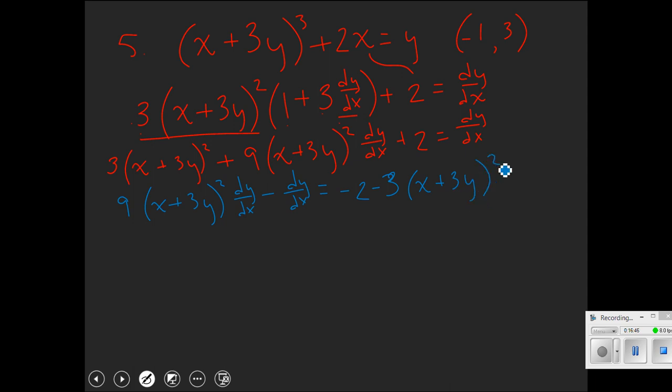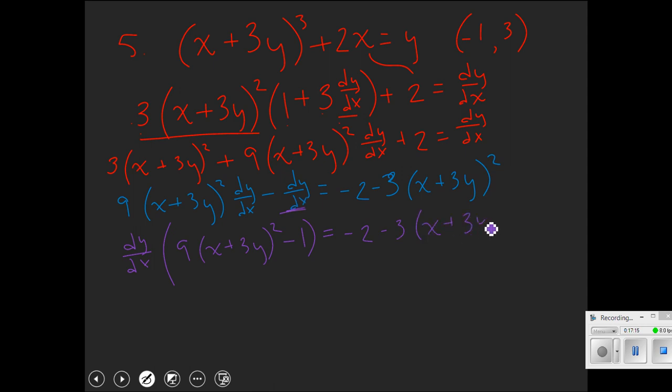Okay, so now we're going to factor out a dy/dx. So dy/dx, and then inside is first going to be this 9 times (x plus 3y) squared, and then minus the dy/dx here has a coefficient of 1. It's just not written there. So we have that equals negative 2 minus 3(x plus 3y).